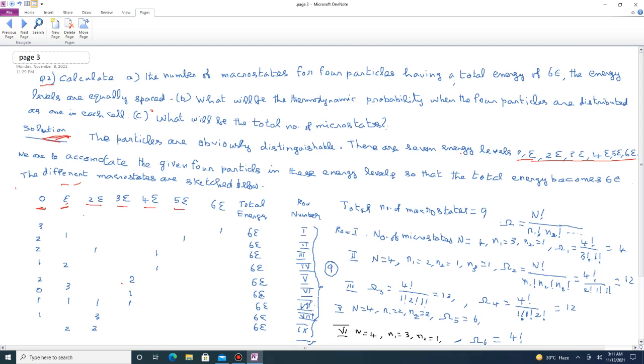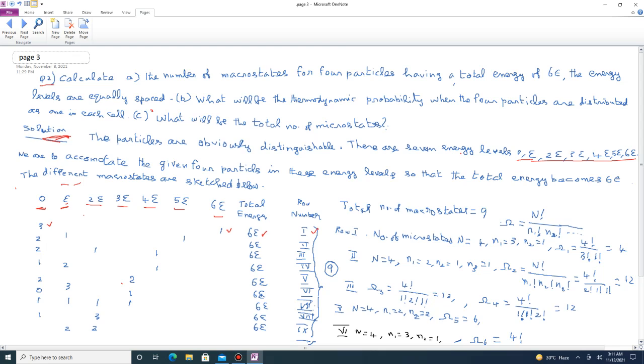Now here we have only 4 particles. Suppose you put 3 particles with energy 0, and 1 particle with the energy 6E. So this is 1 particle with 6E and the 3 particles with 0. So the total energy will be 6E. So this is the first row.